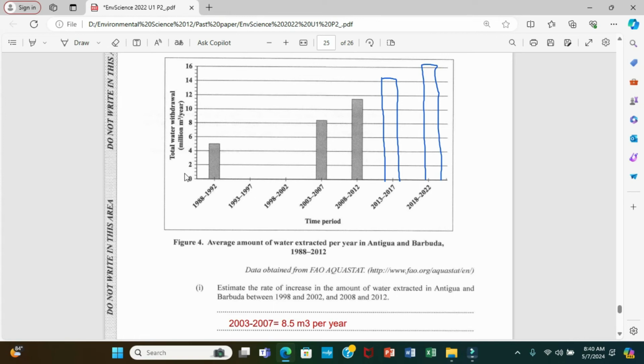So the persons want water. People in the country want water on a daily basis. Now, to get that water supplied to these homes, the water is extracted by a plant or plants, right? And over here, it shows the data, the amount of water that has been extracted from these water sources over a number of years. Anyways, let's go to the question.